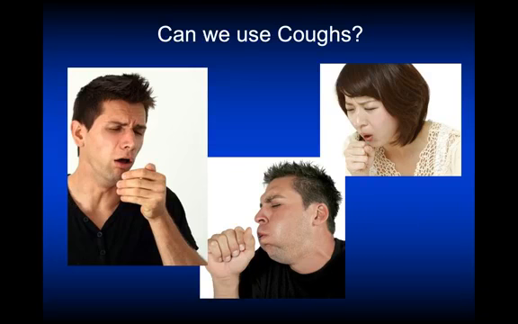So the cough is a very easy data to collect, and we have an algorithm that can determine the difference between a wet cough and a dry cough. Usually the wet coughs are the result of a bacterial pneumonia, and the dry coughs are more common in a viral pneumonia.